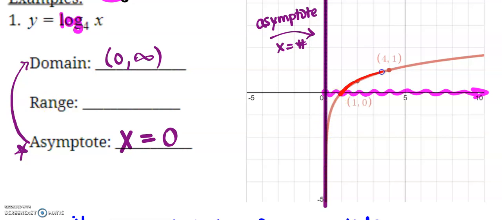Okay? And so if I just look at this shape, I can see that it's going up forever slowly. So that's positive infinity. And it makes this sharp downward turn running parallel to my y-axis on forever and ever to negative infinity. So that means my range is now negative infinity to infinity.